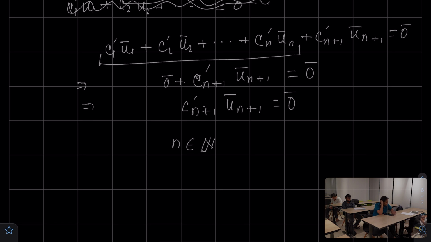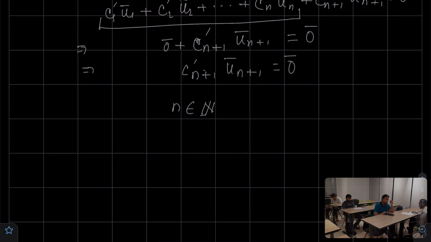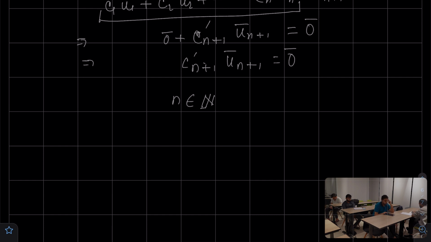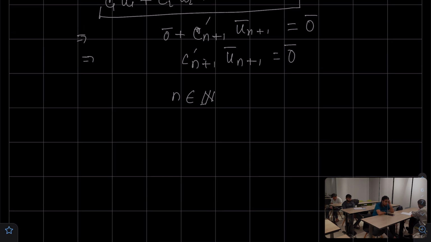Not just functional space, even for an arbitrary abstract vector space, it's true. You just have to take an infinite number of elements from the vector space, right? Okay, so I'll look into it in more detail, and if I see some subtlety here, then I'll definitely let you know.